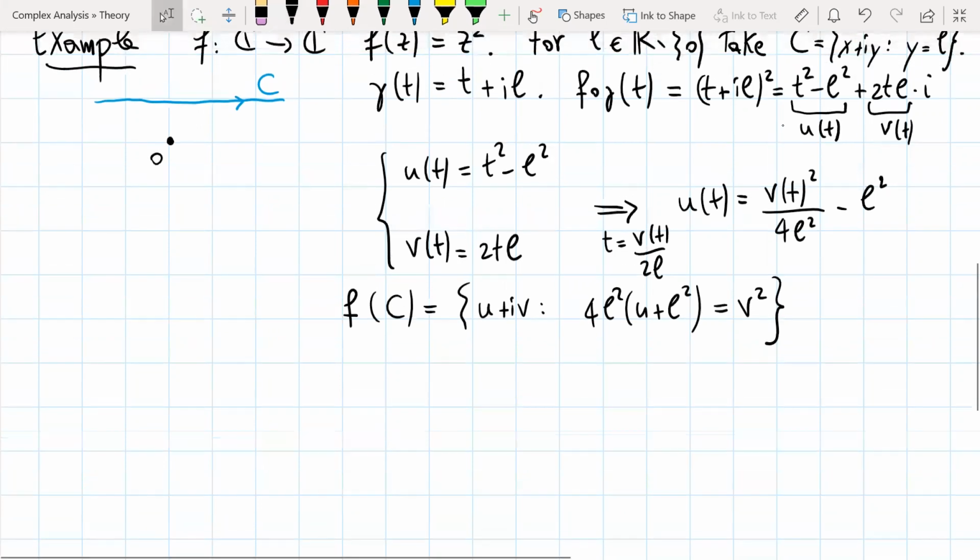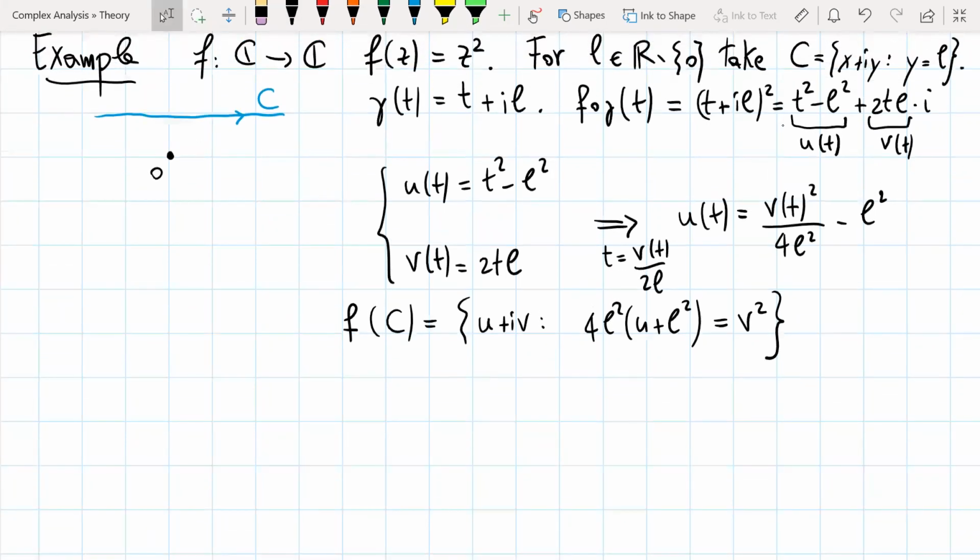Okay, so maybe let me draw this. Here above we have the z plane, and then let me draw here below the w plane with the origin somewhere here. Now this curve f of C can be seen easily to be a parabola with horizontal axis.